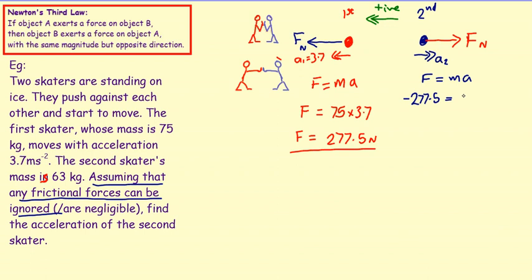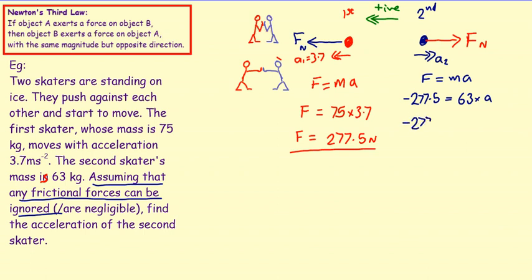277.5 equals the mass, which we know to be 63 kilograms, multiplied by acceleration. The fact that it's negative will come out in the answer. We don't need to put a negative in there. A itself will be negative if that's what it means. So here, we can then divide through by 63.